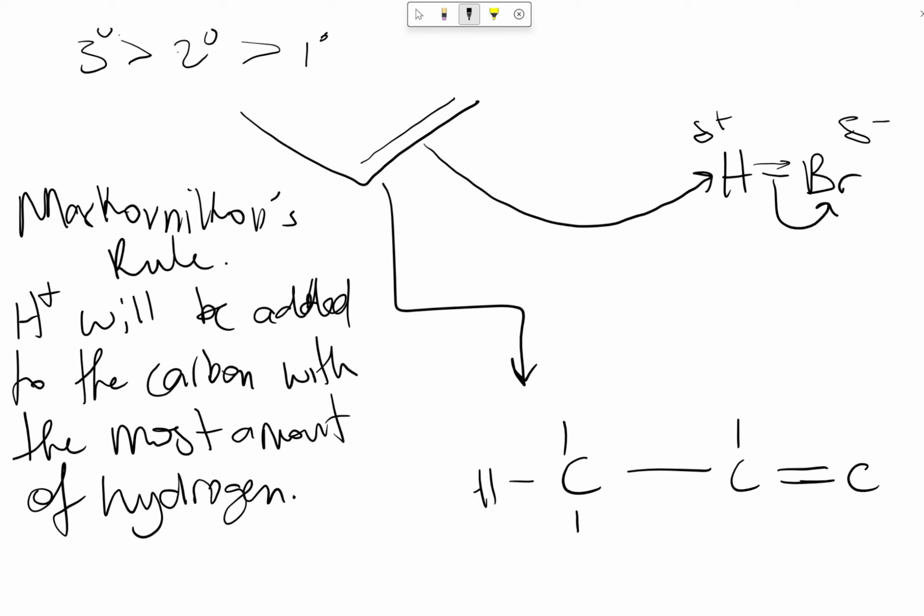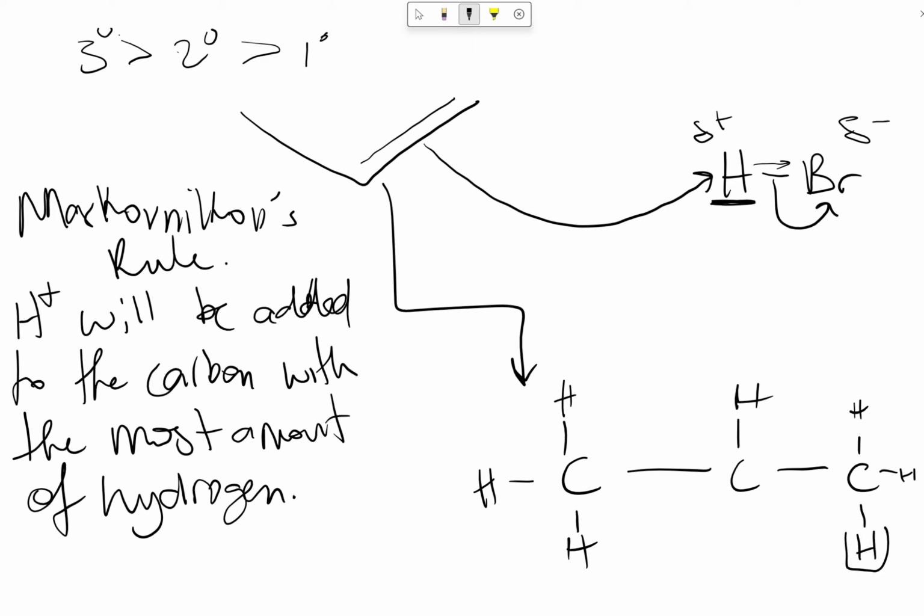Let me just draw in the hydrogens before I start explaining. Markovnikov's rule states that this hydrogen will be added to the carbon with the most amount of hydrogen. Now, this carbon has two hydrogens and this carbon has one hydrogen, right? So it will be bonded here.